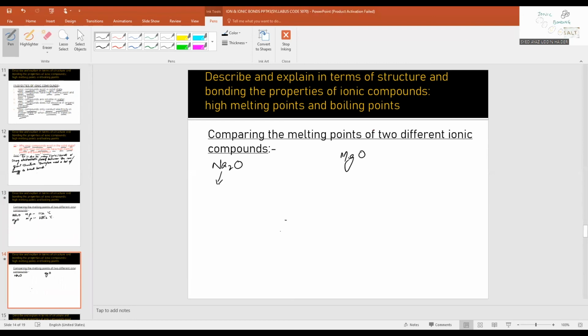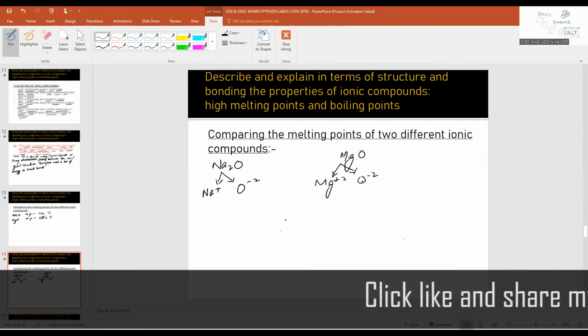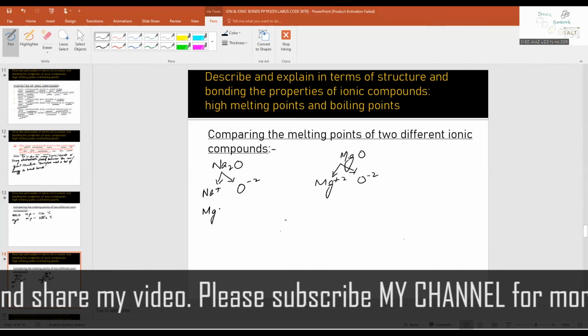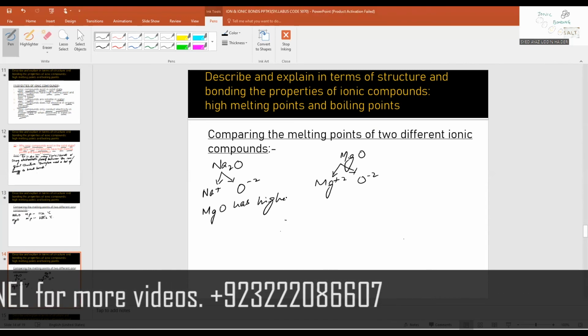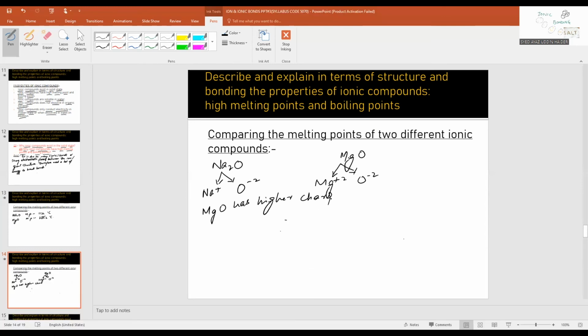There are a lot of Na positive and O minus 2 ions in the case of Na2O, and in the case of MgO, Mg plus 2 and O minus 2 ions, which means MgO has a higher charge than Na2O.